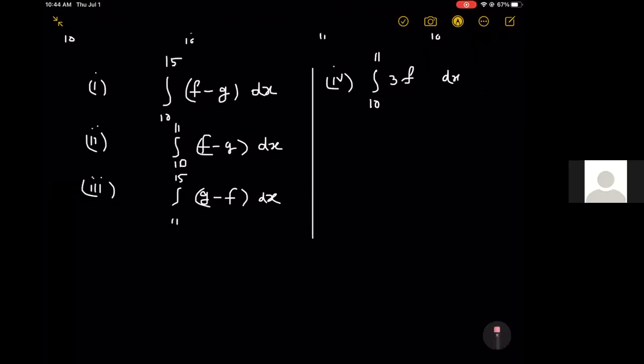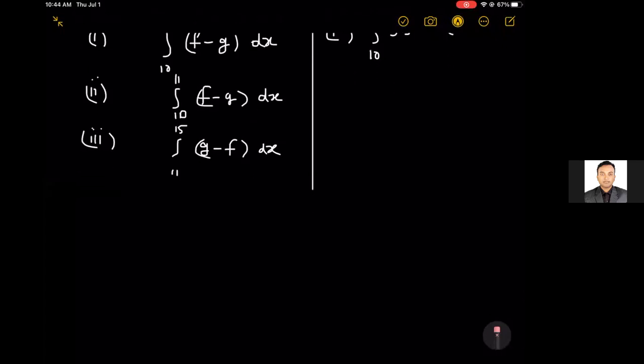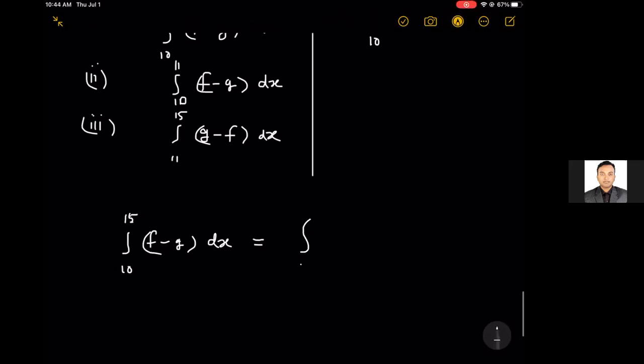Yeah, we got 5. Okay, let's try and find it. So we're looking for the integral from 10 to 15 of f minus g. First of all, we can clearly use the sum rule and subdivide the two functions, I would say, not two terms, like this.